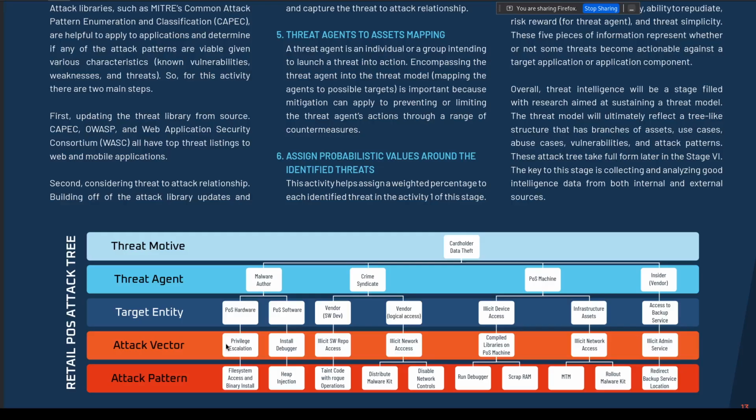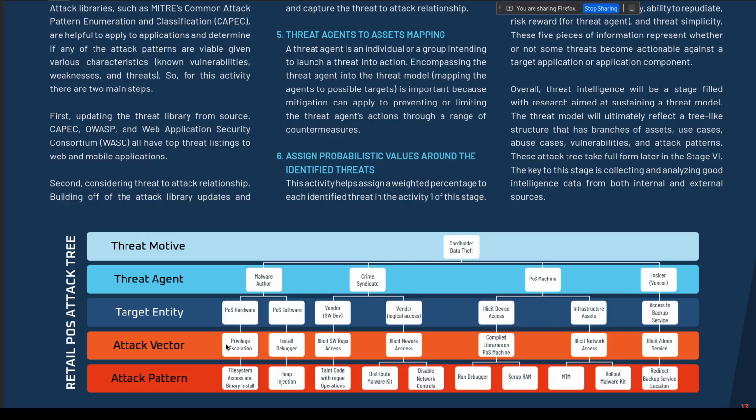And then in this fifth phase, you map the threat agents to assets. So insiders might have access to internal applications, whereas external users might not have access to internal applications. Right? They can use that asset in order to do some malicious purpose. And you can see here there is a malware author who needs to install malware on specific devices.